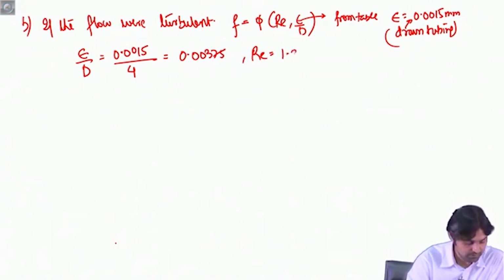All right, and Reynolds number came out to be, earlier, 1.37 into 10 to the power 4. All right.